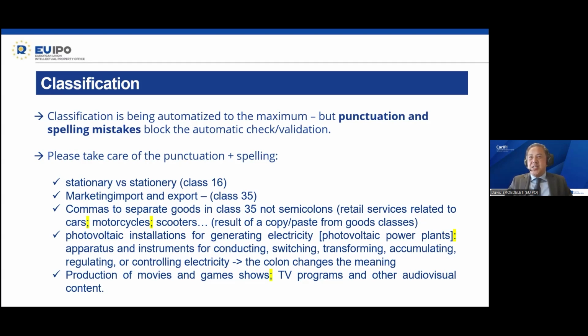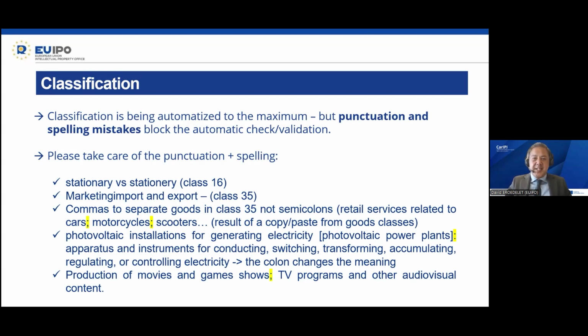The spelling: we do stationery with an E and not stationary with an A. The next one, marketing import and export. You see that marketing import is written together. This causes the automatic validation to stop. And then we have what we frequently see in class 35, that people use semicolons, so a dot and a comma, instead of commas behind each word.